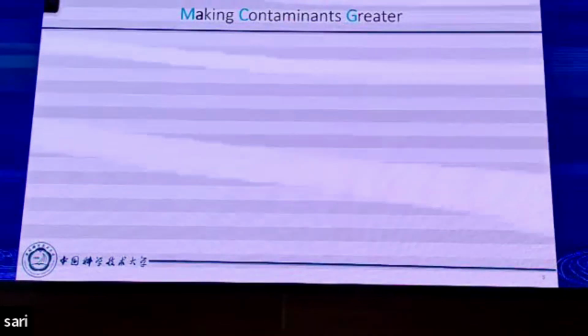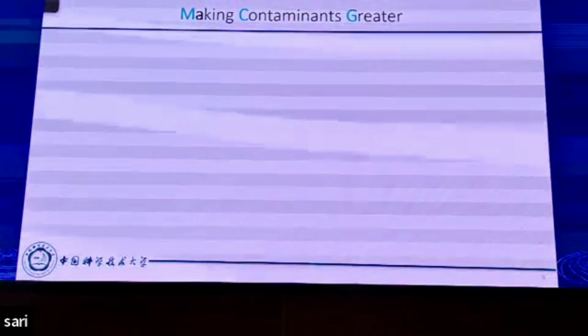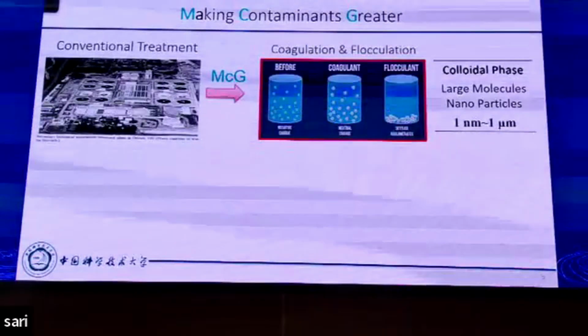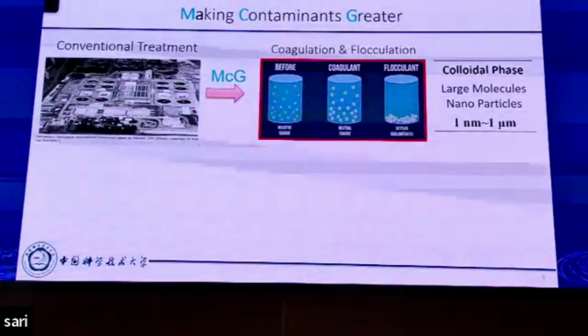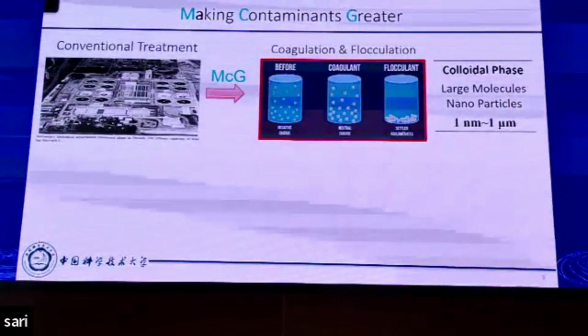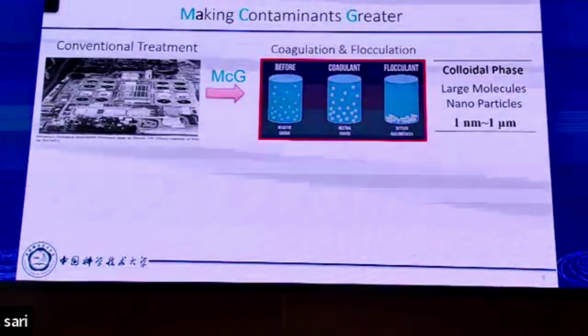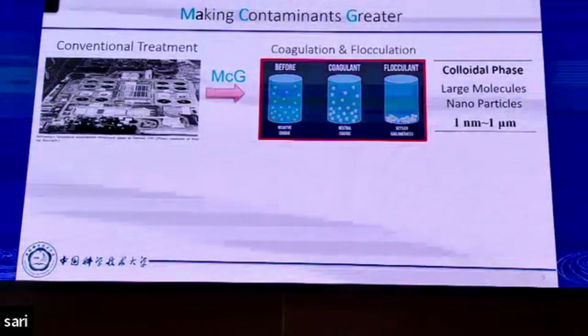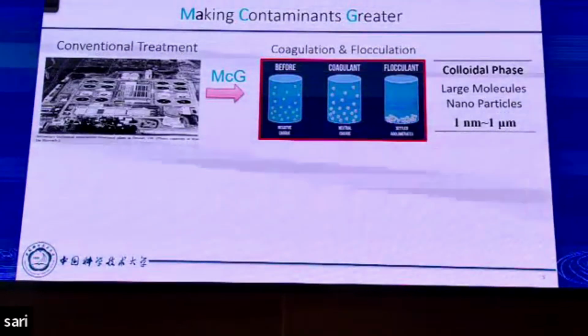This process actually is not new, because our conventional process does the same thing. For example, in coagulation or flocculation, we also add coagulant or flocculant into the system. After some mixing, the colloidal phase will be removed.